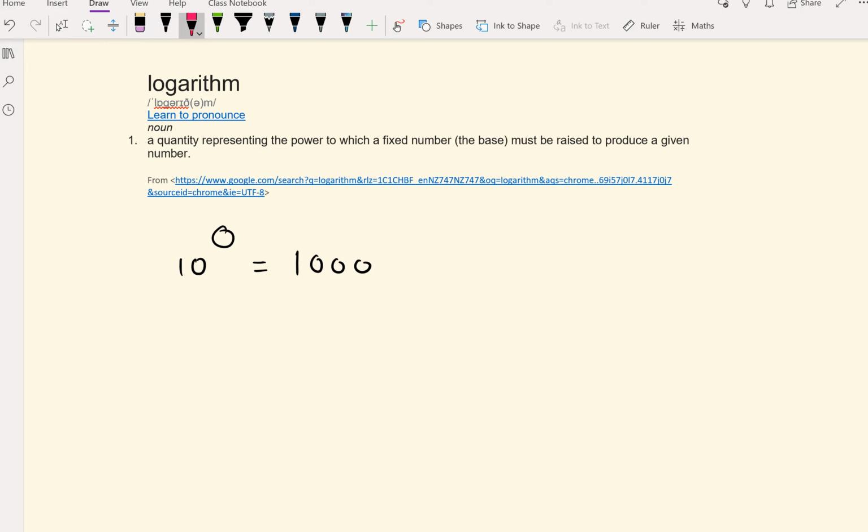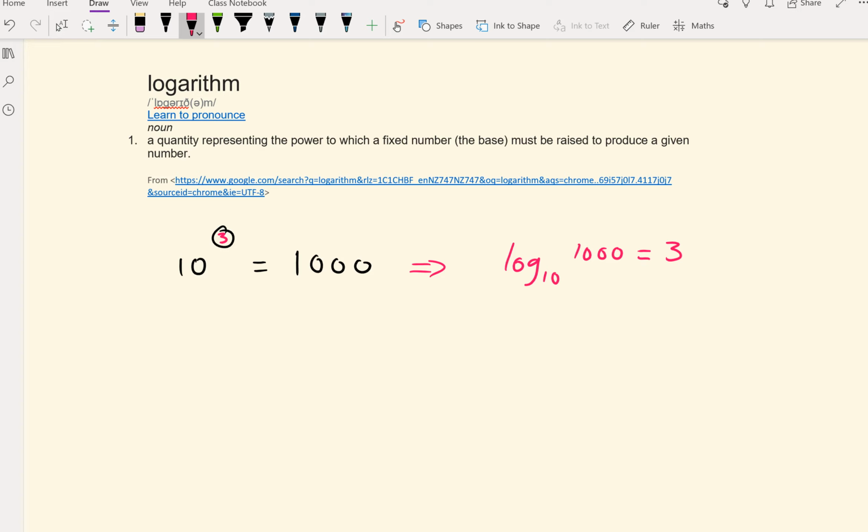Now you should be able to see that fairly easily, that that's going to be the number 3. So I can rewrite this in a slightly different way, and I can say the logarithm to the base 10 of the number 1000 is equal to 3. That is, 3 is the power that I must raise 10 to in order to get 1000.